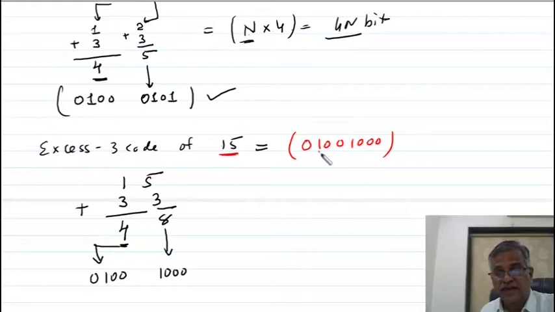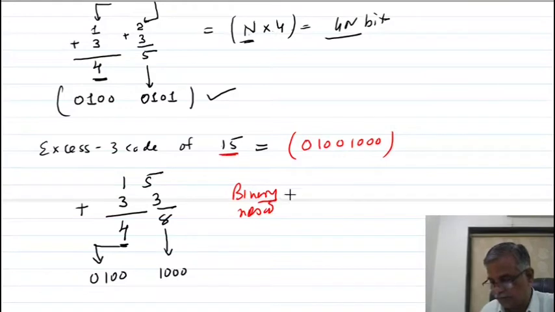So XS3 code requires more space, and more number of bits compared to binary. See, the binary number of 15 is equal to 1111.